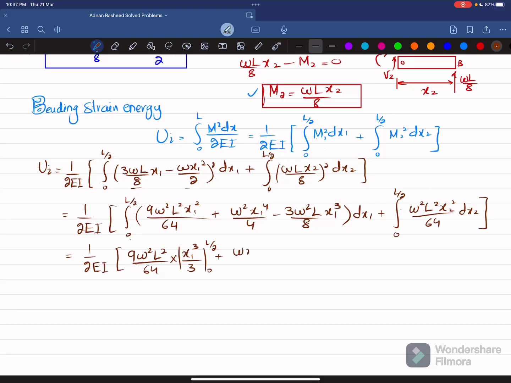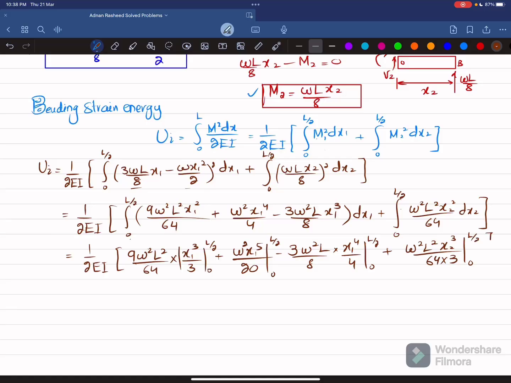Similarly, it will be equal to W square x1 power 5 divided by 4 multiplied by 5 will be 20 minus 3, and the limit will be 0 to L by 2. Similarly, minus 3 W square L over 8 into x1 power 4 over 4, and limit will be from 0 to L by 2, plus this will be equal to W square L square x2 cube over 64 multiplied by 3, and limit will be again 0 to L by 2.